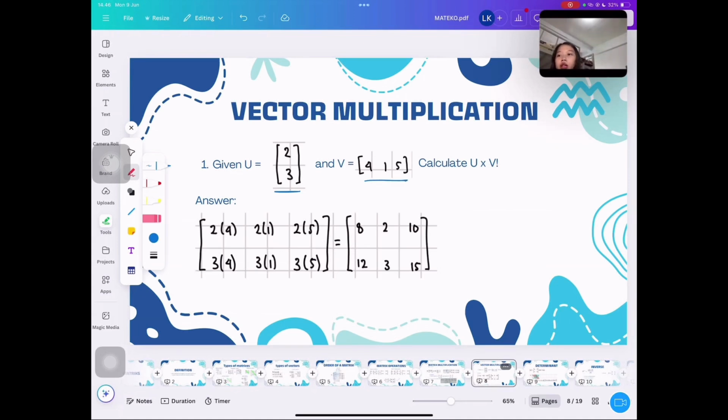Calculate U times V. So the answer is 2 multiplied by 4 for this one, and then 2 multiplied by 1 for this one, 2 multiplied by 5 for this one, and then for the second one is the same, 3 multiplied by 4 for this one, 3 multiplied by 1 for this one, and then 3 multiplied by 5 for this one, and then we just calculate it, and the answer is 8, 2, 10, 12, 3, and 15.